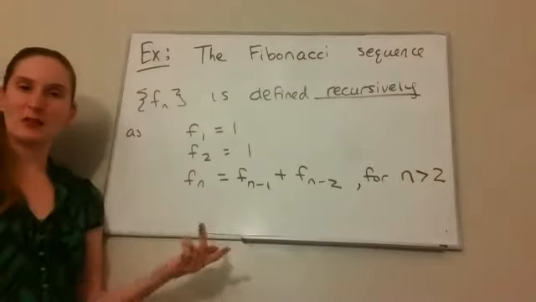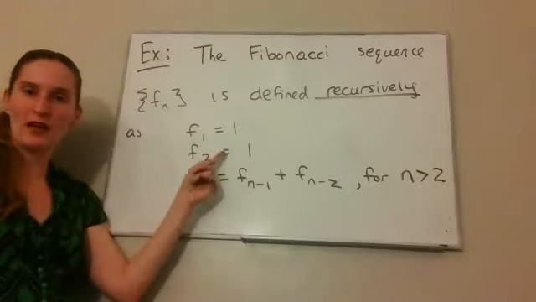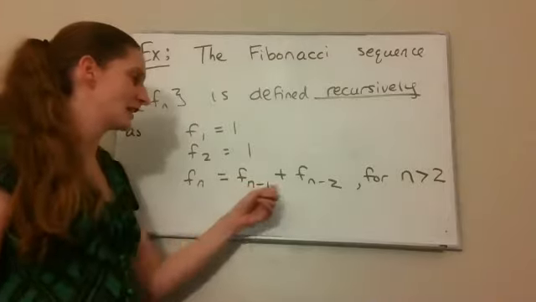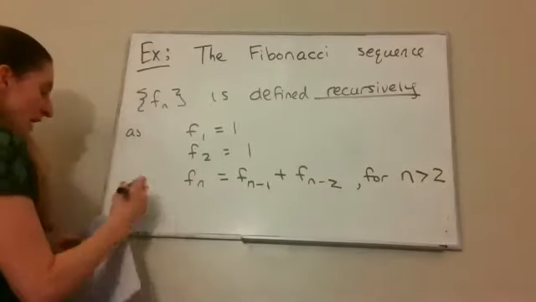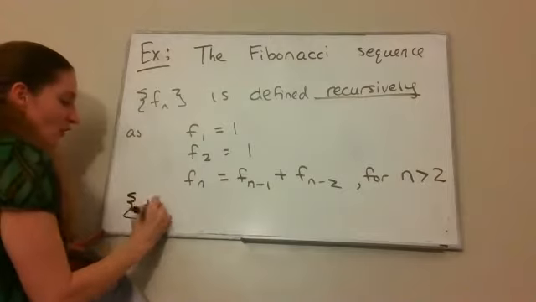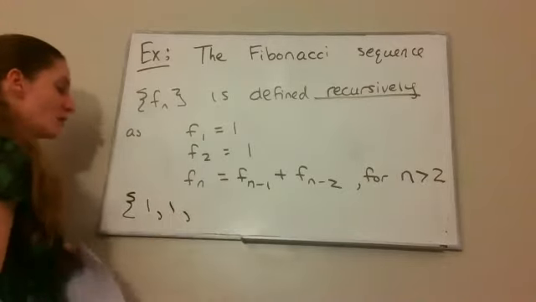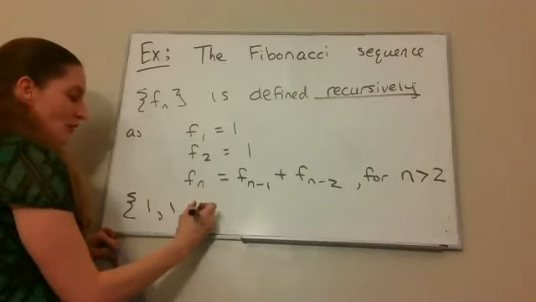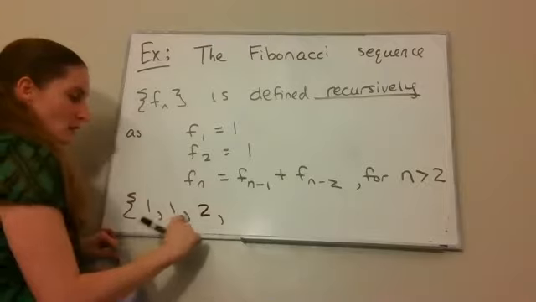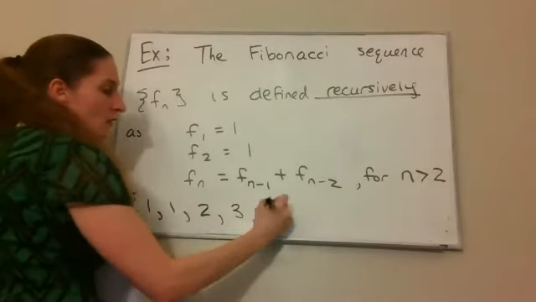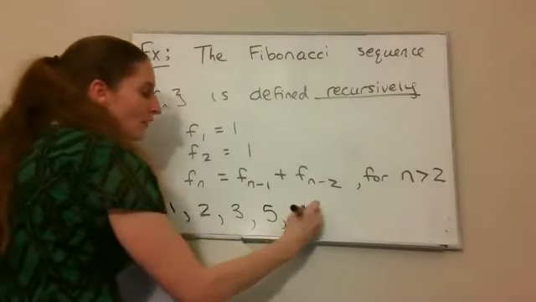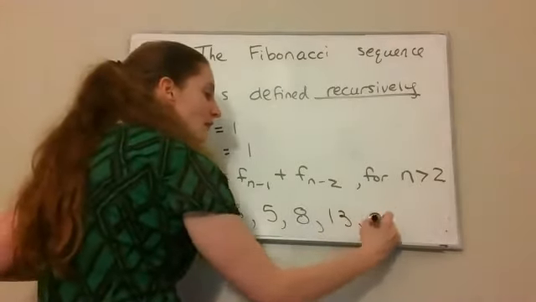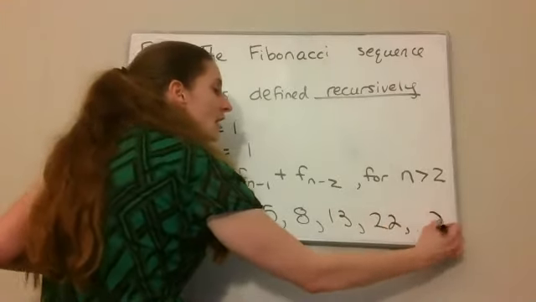So what is this saying? Well, it's giving me my first two terms, 1 and 1. And then it tells me my third term will be the sum of the second and the first. So I just have to add the two previous terms to get the next term in the Fibonacci sequence. I start with 1 and 1, and now I'm going to add the two previous terms. 1 plus 1 is 2, 1 plus 2 is 3, 2 plus 3 is 5, 3 plus 5 is 8, 5 plus 8 is 13, 8 plus 13 is 22, and it keeps going forever.